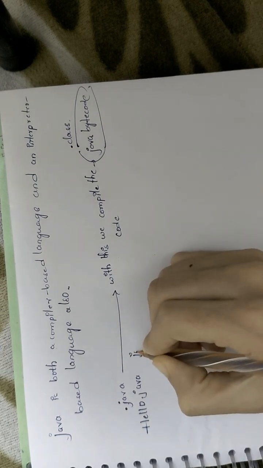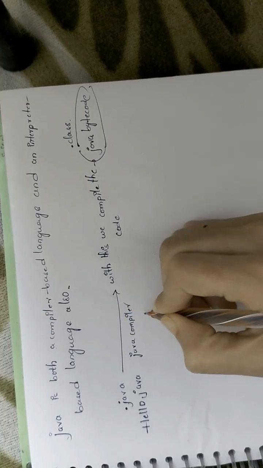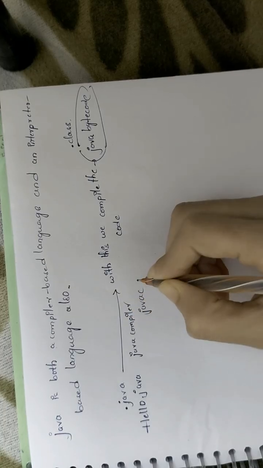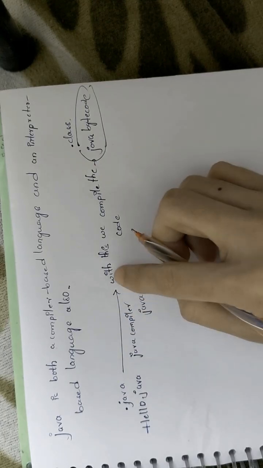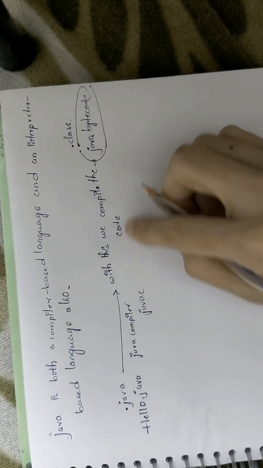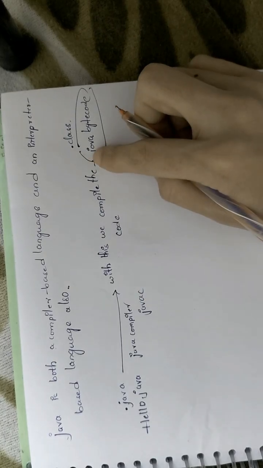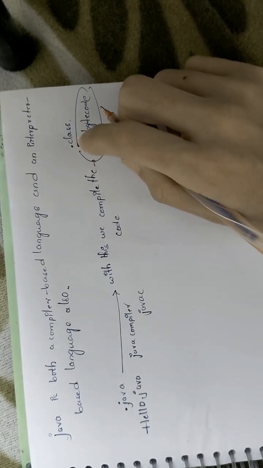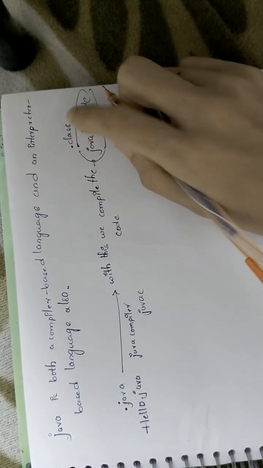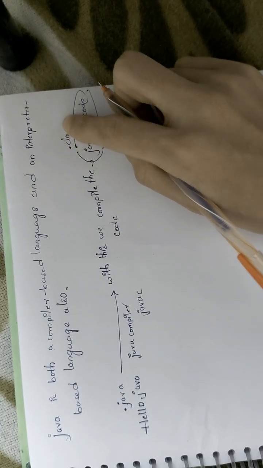So by a Java compiler, we can also write it like javac. So the Java compiler compiles our code. With this compiler, our code will be compiled and we write that file into hello.class. Actually the extension for a bytecode is .class.